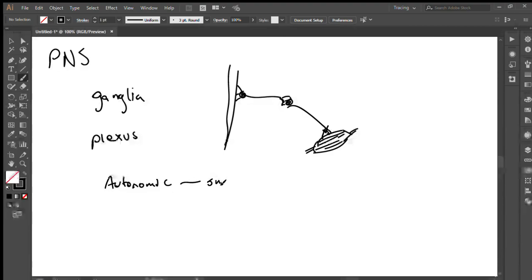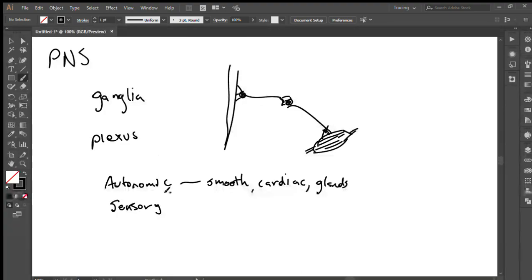Something called smooth muscle in, say, your digestive tract or other areas. Cardiac muscle. Guess where cardiac muscle is? It's in the heart. Keeps your heart beating. You wouldn't want to have to think about that. And then your glands. You don't control your glands either. That's all autonomic.